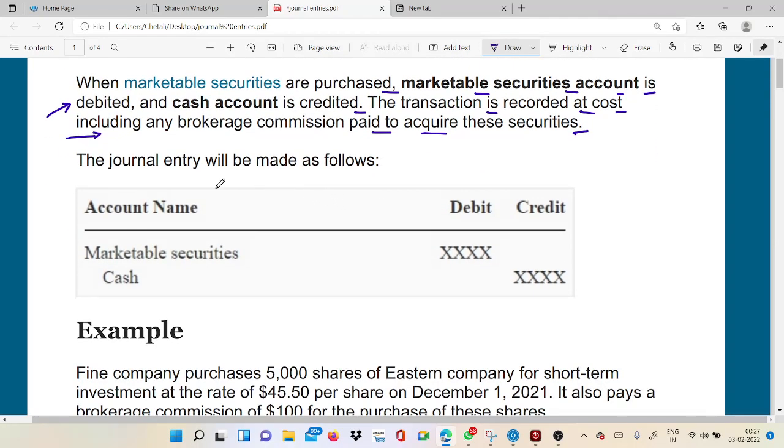The journal entry will be made as follows. So this would be your accounting entry. Instead of marketable securities, you may expect names like shares, bonds, or preference shares.